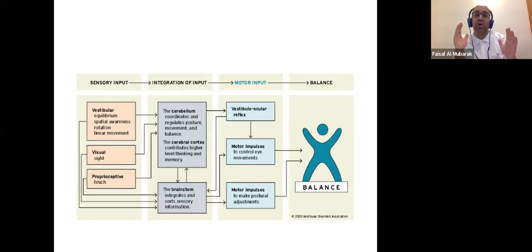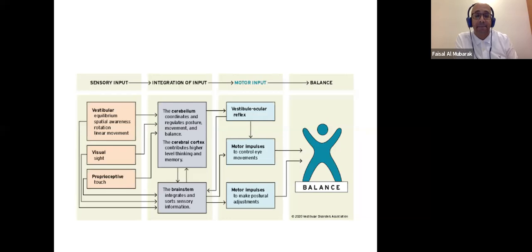Now if I'm standing or sitting right now, and I move down, I can see by my vision that I'm moving. I'm turning my head. My brain is being oriented by the vision that we are moving around in this area.